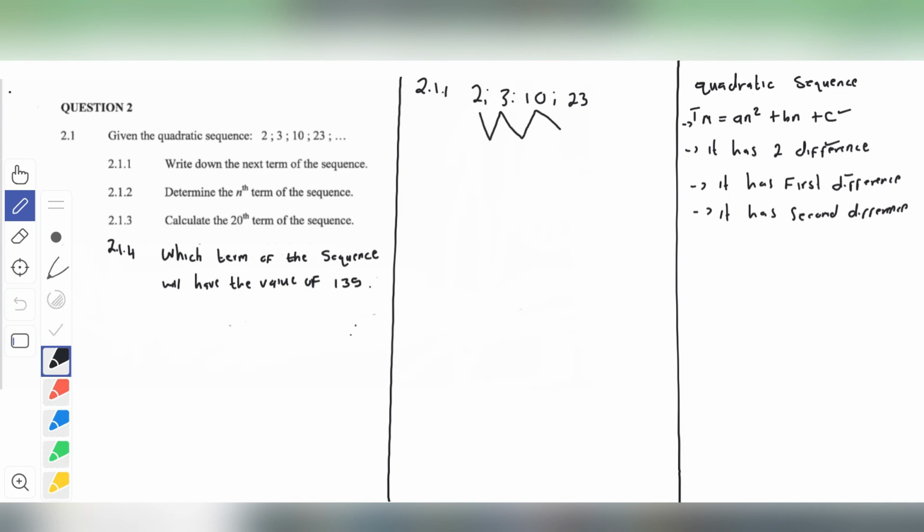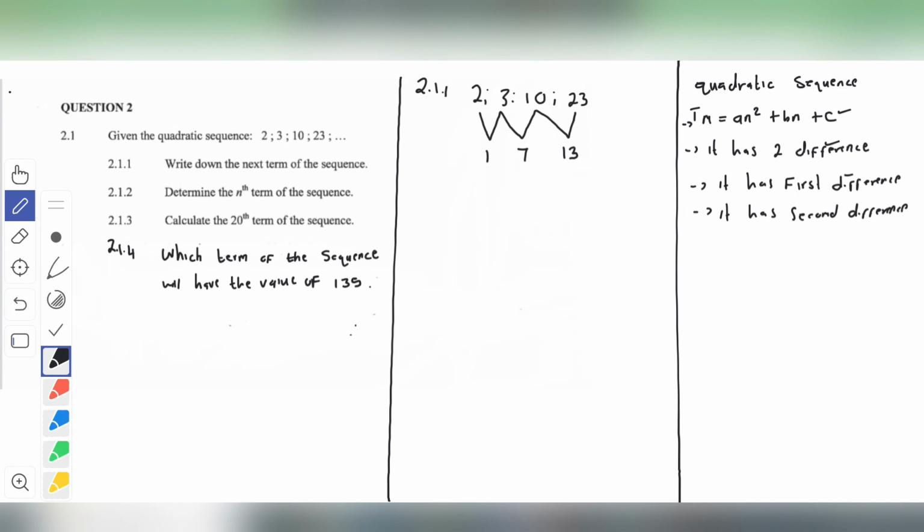We are going to subtract: 23 minus 10 gives us 13, and then 10 minus 3 gives us 7, and 3 minus 2 gives us 1, right?